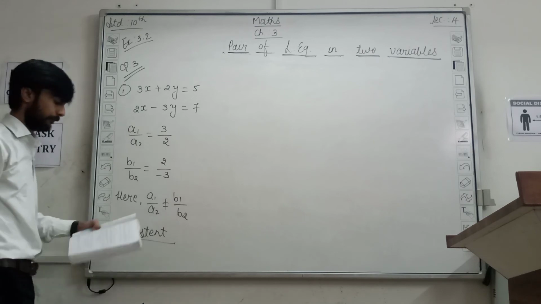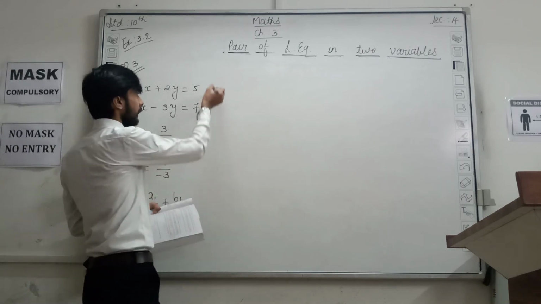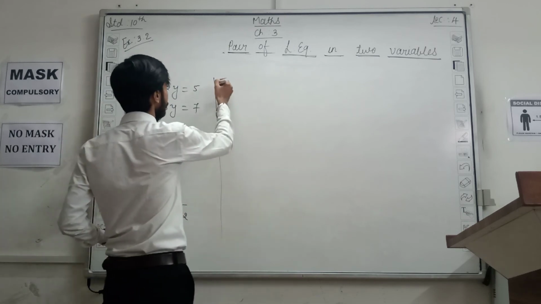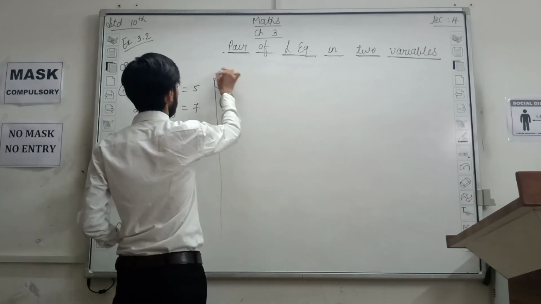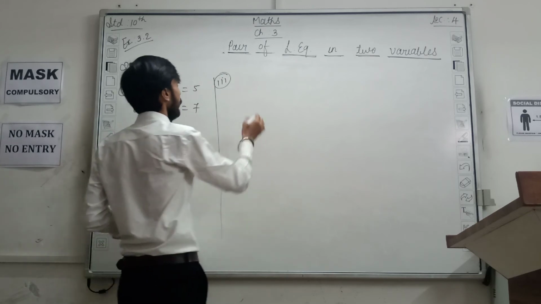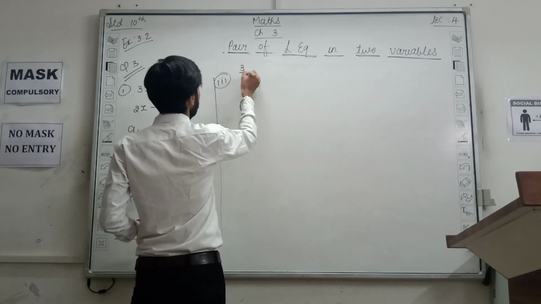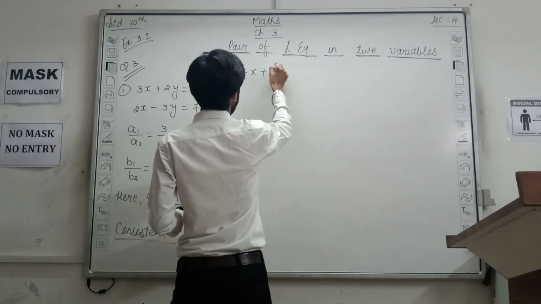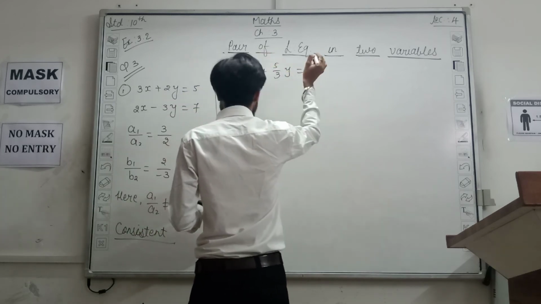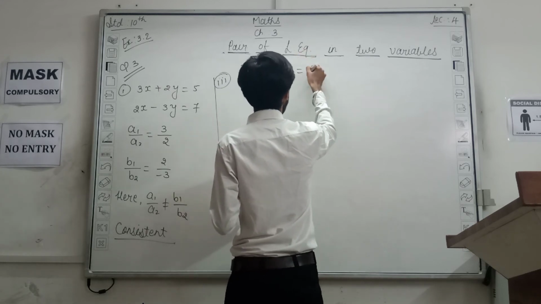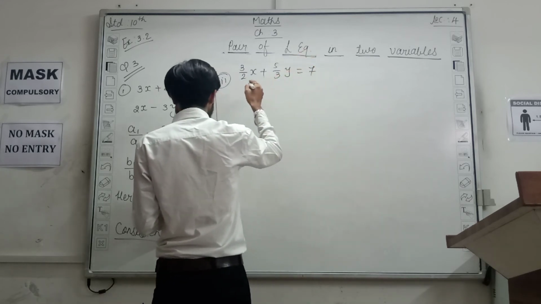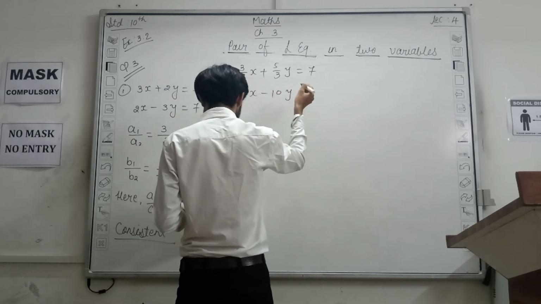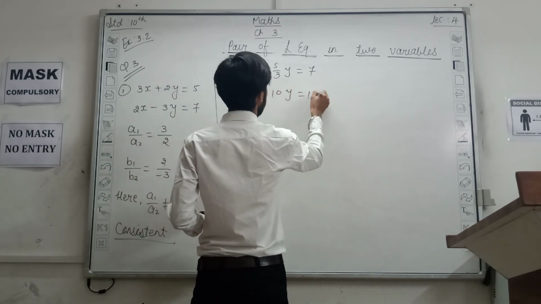Right? Similarly, let's look at another one. Yes, number 3. 3 by 2x plus 5 by 3y equals 7, and second equation 9x minus 10y equals 14.